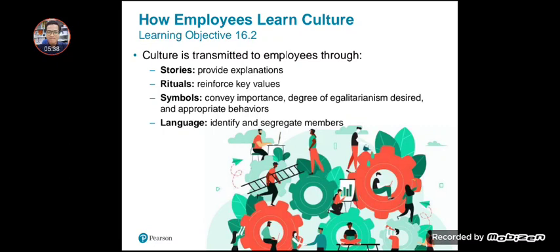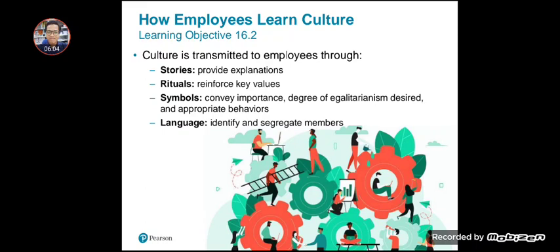And then material symbols such as dress codes, formal or informal, office size or style, and also perks for key employees can denote who is important in an organization.